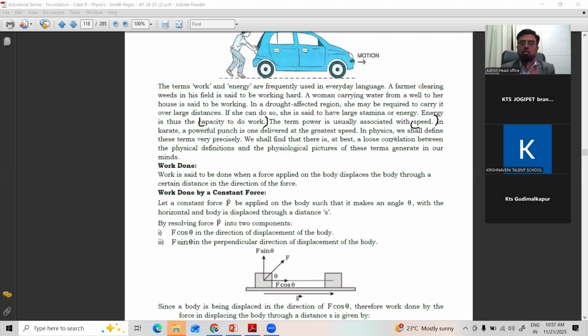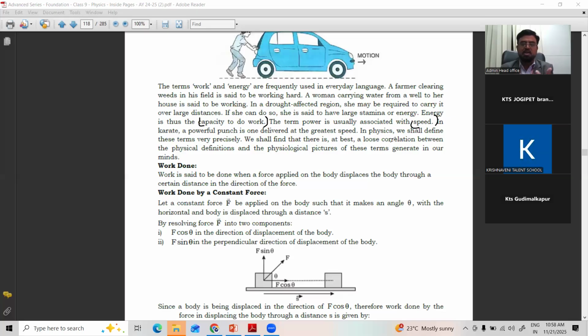One completed only 2. One completed only 1. In the same time, 30 to 40 minutes. So what can we say? The person who completed all 4 problems has more power because he has done all 4 problems in that time. Maybe everybody knows all 4 problems, but you do not have sufficient time. Same in an exam also. How fast you are doing the work is called power.